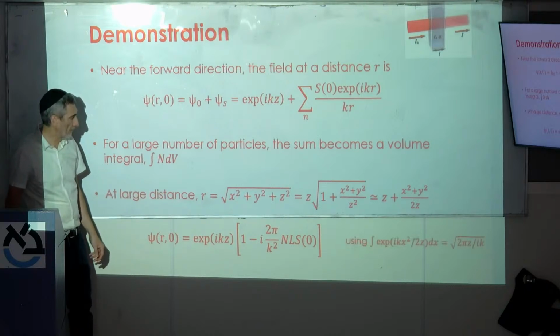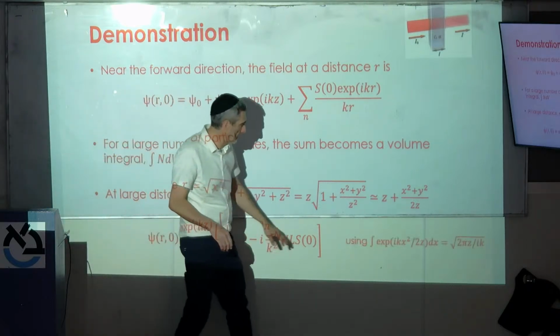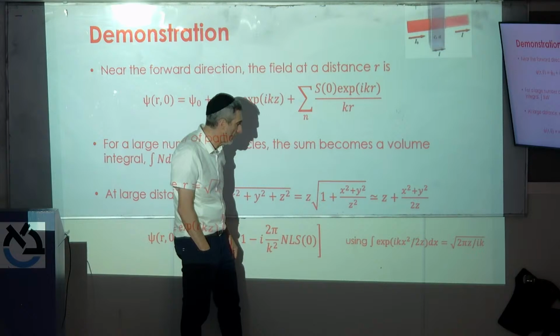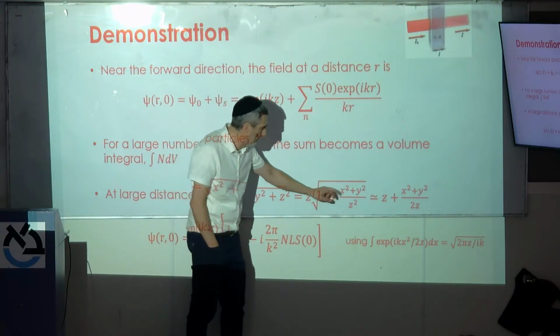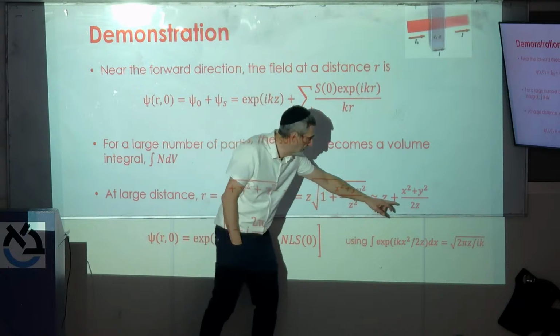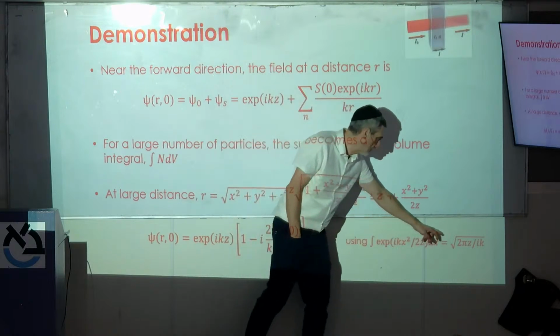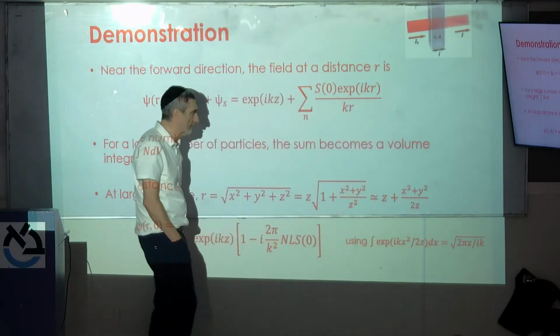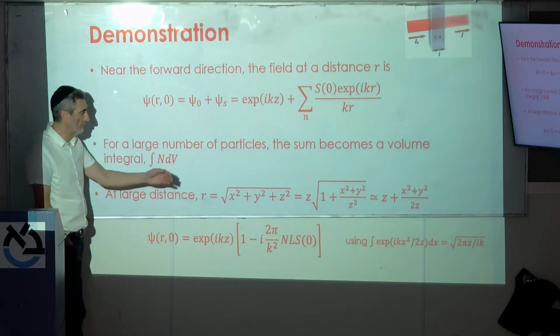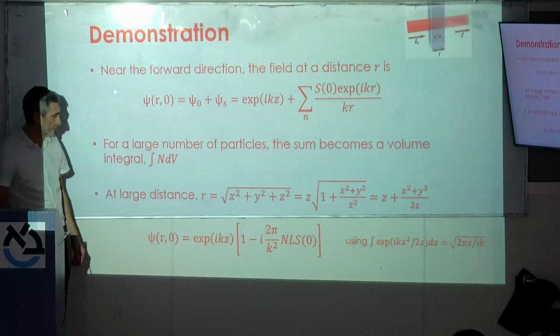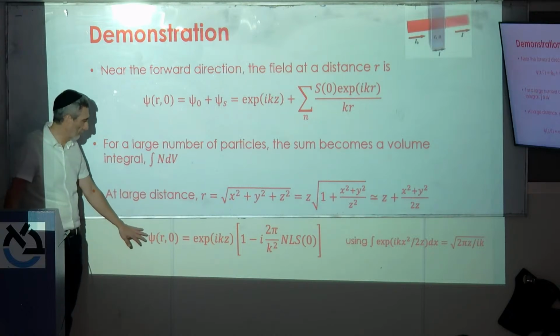There is an expression for the integral of exponential ikx squared over 2z, which gives you a simple expression, square root of 2 pi z over ik. You do the integral over x and over y, and you obtain this expression. I'll let you check that. So that's the expression for psi.